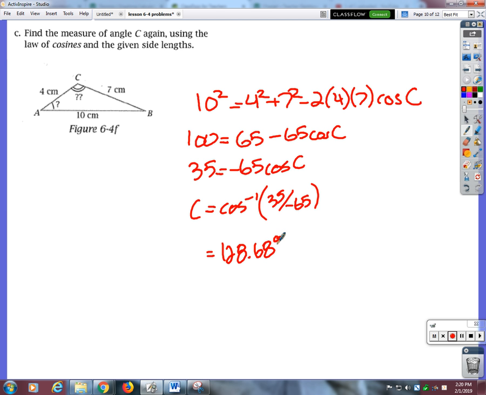Okay, which is not the same as what we got before, right?